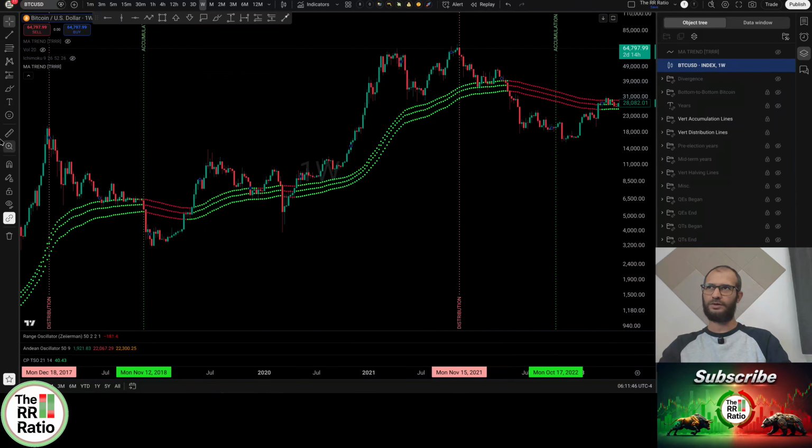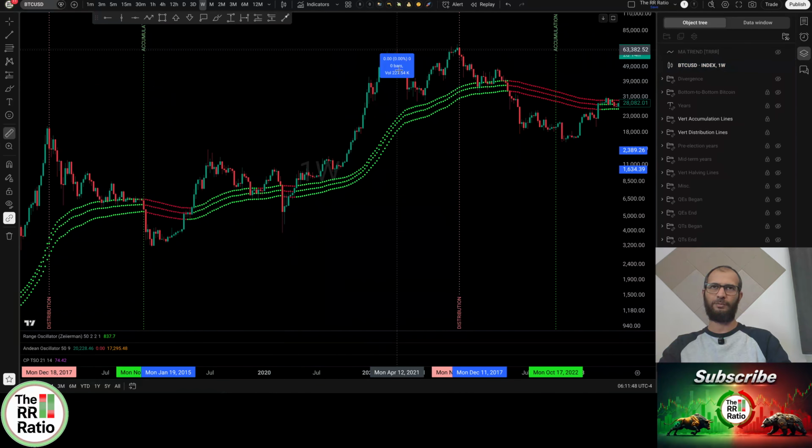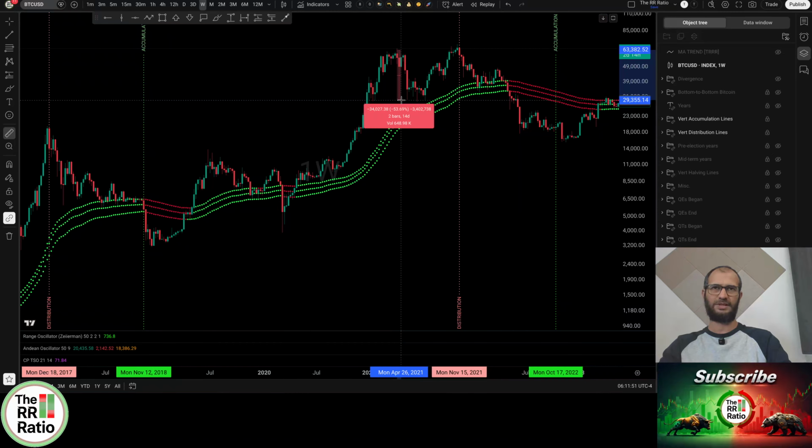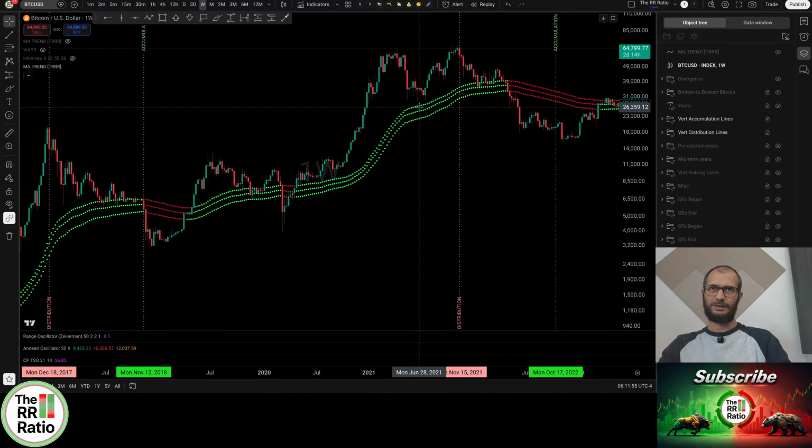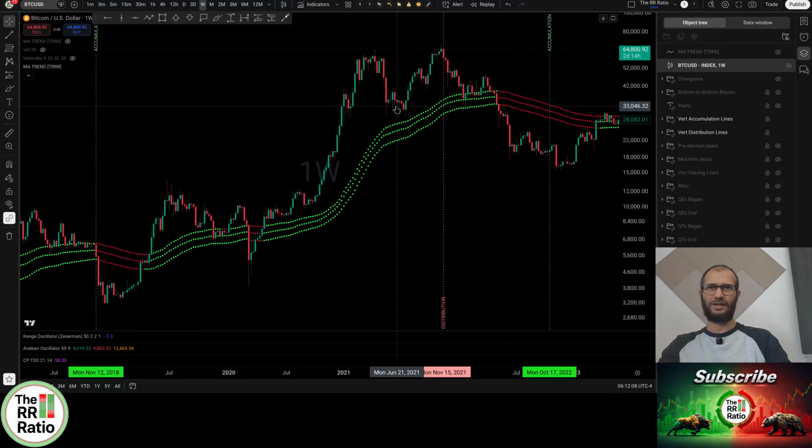Here this was a huge drop from the all-time high, almost 50%, 53%. But since the RMA indicated that we are still in the uptrend and we have not crossed the distribution line, we were almost 5 months away from the distribution line, it gives us the confidence that I can re-enter over here and price will still rally up.